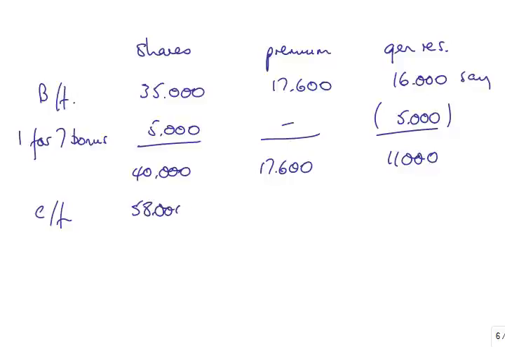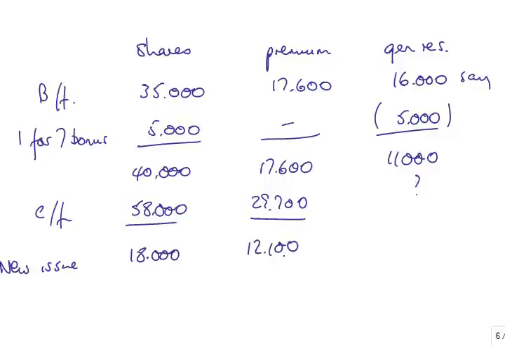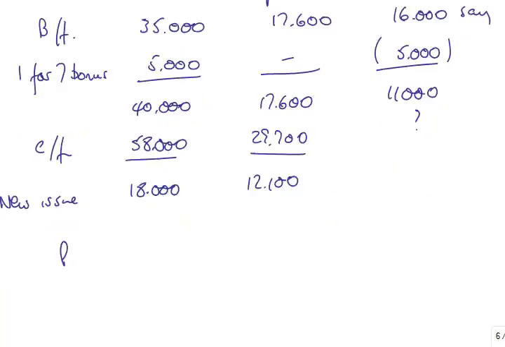So she must have had a new issue of 18,000 shares at a premium of 12,100. Proceeds are therefore 30,100 within financing activities.